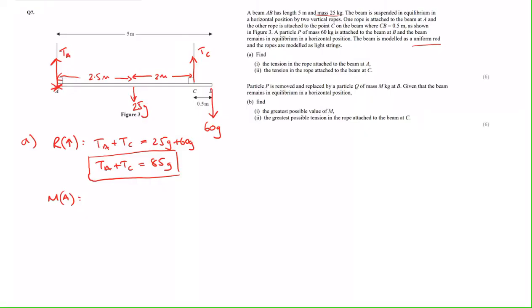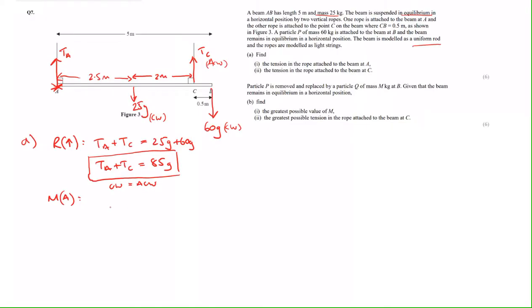Taking moments about A means that the weight is a clockwise moment, and so is this particle at the end. And TC is an anti-clockwise moment. So if this whole thing is in equilibrium, which we are told, then the clockwise moments are going to be equal to the anti-clockwise moments.